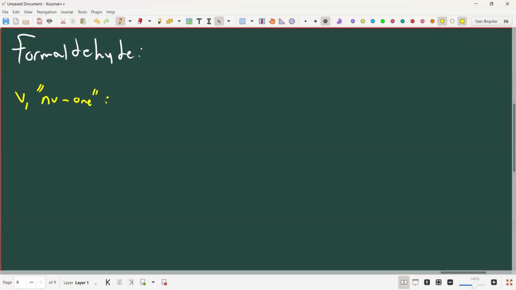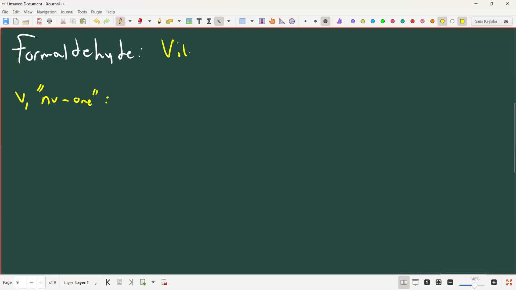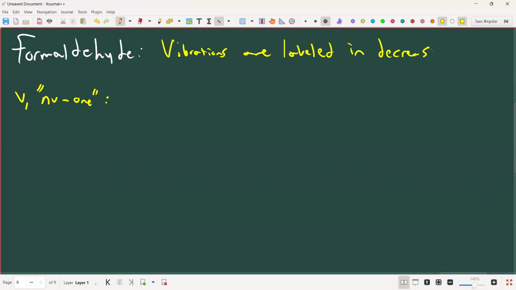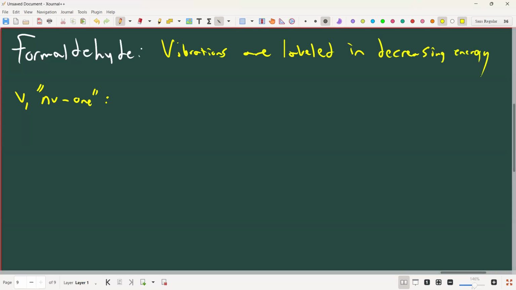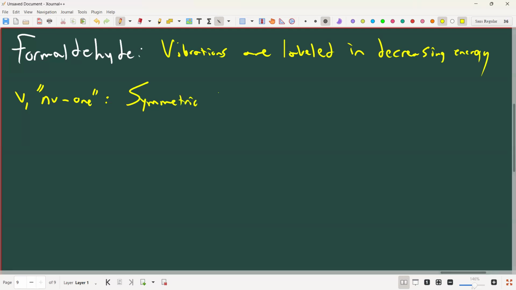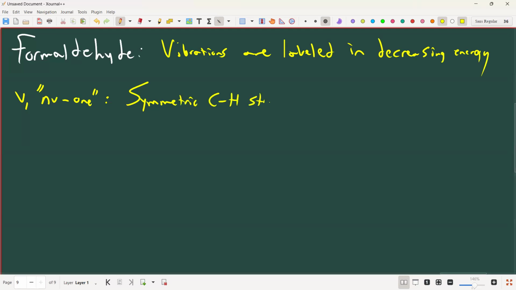They're ordered in decreasing energy. Vibrations are labeled in decreasing energy. It's just convention. So ν1 will be the highest energy mode. That's the symmetric CH stretch, and that looks something like this.